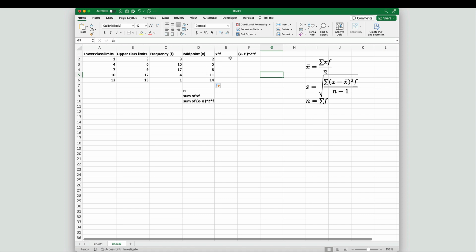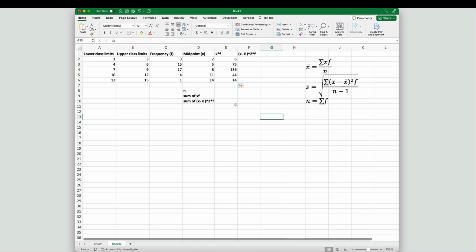Before we could figure out the sample mean, we need to add the x times f's. I'm going to put that under column E, clicking on my first midpoint, 2, times the corresponding frequency of 3. I get a value of 6. Let's drag that down to automate those calculations for the rest of the classes.